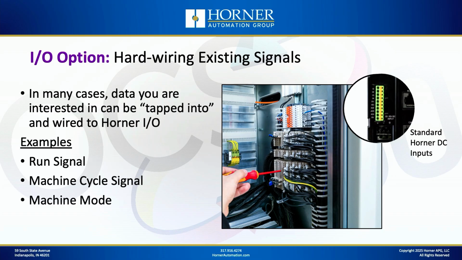Usually that's available as an electrical signal. Is it automatic or manual? Is the e-stop signal tripped? That sort of thing. And there are plenty of other signals that are right there on the machine that you can basically tap into. And again, the Horner ecosystem has standard DC inputs available on every product in both the Prime and the Canvas series. So it can be really easy to do.